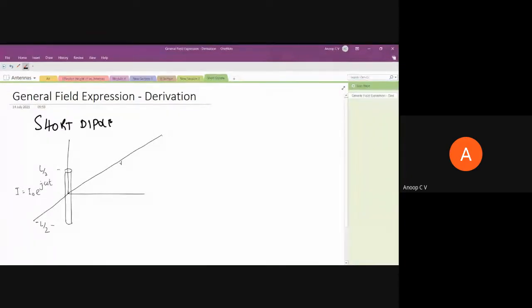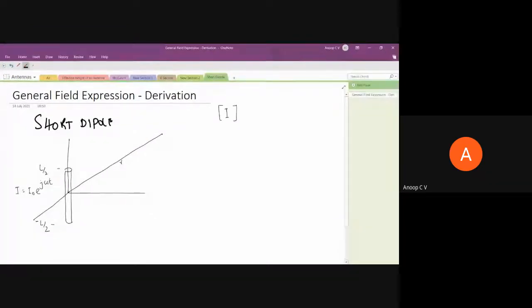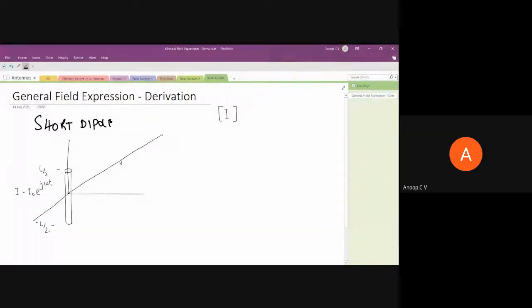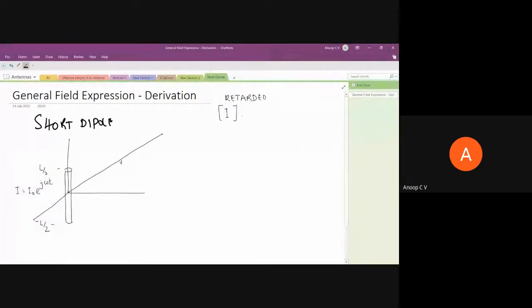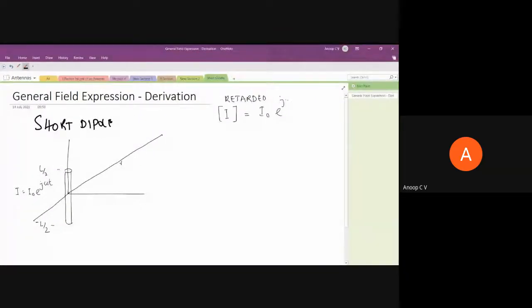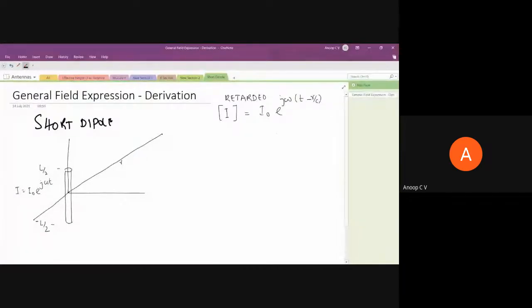So in order to account for that propagation time, wherever we use any quantity, current, voltage, or whatever, we should represent the retarded ones, which consider the finite propagation time. The retarded current, I within square brackets, can be written as I naught e power j omega, where we have replaced t with t minus r by c. Here r by c is the propagation time, and I have even told you the physical significance of the term omega r by c.